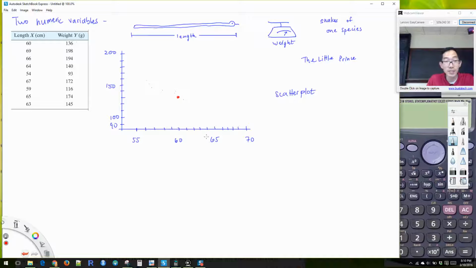69 and 198, somewhere right there. And 66 and 194, something like that. 64 and 140. I'm just kind of eyeballing these. 54 and 93, get a dot. 67 and 172.